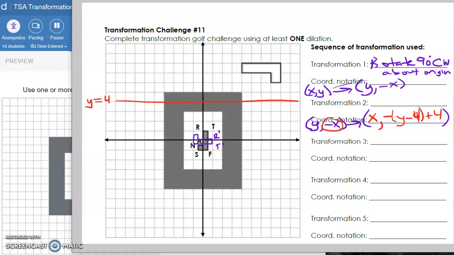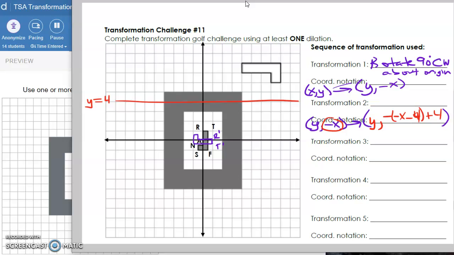I'm going to erase my x and put in the y that goes there, because all my x's are now my old y's, and I'm going to erase my y and put in negative x. Woo! So this is y comma negative parenthesis negative x minus 4 parenthesis plus 4.